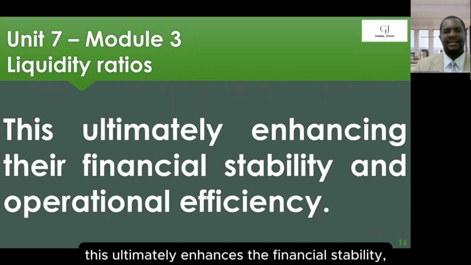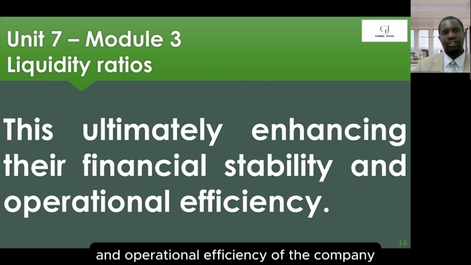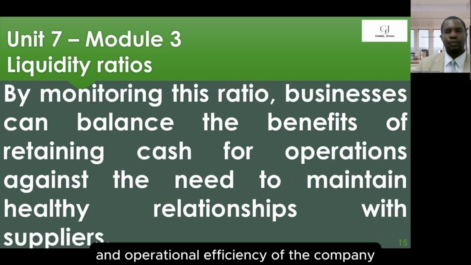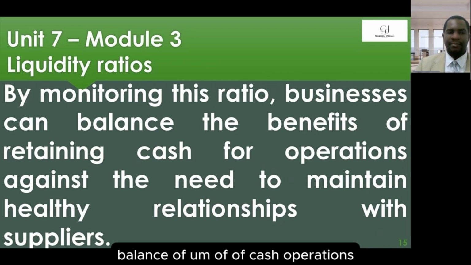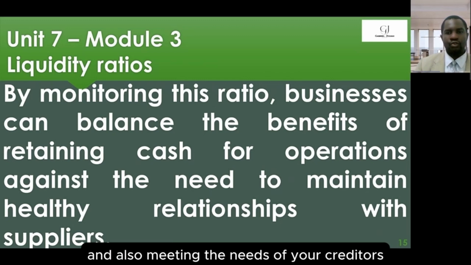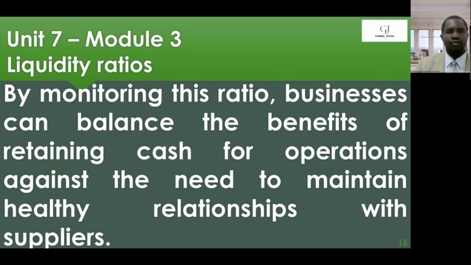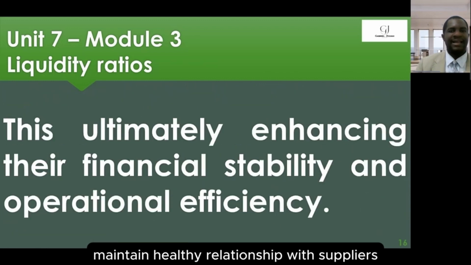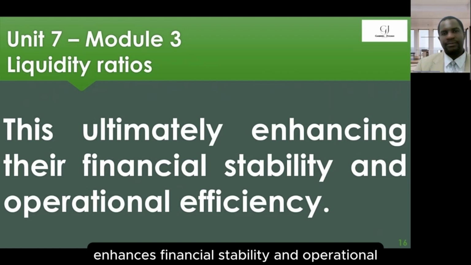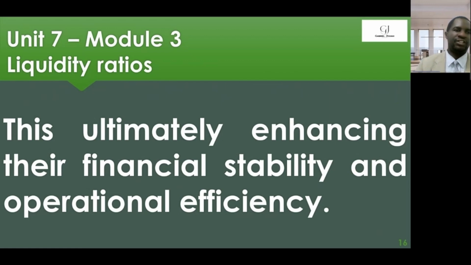This ultimately enhances the financial stability and operational efficiency of the company. So maintaining a balance is very important. Balance of cash operations, delaying payments, and also meeting the needs of your creditors to sustain and maintain healthy relationships with suppliers enhances financial stability and operational efficiency.